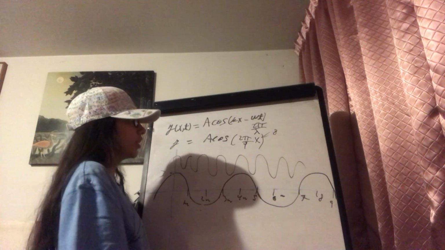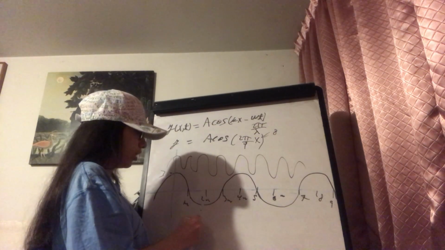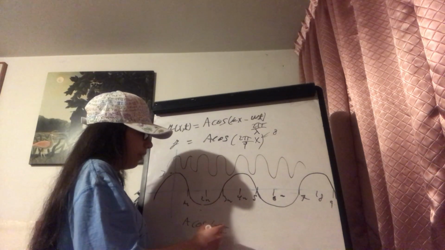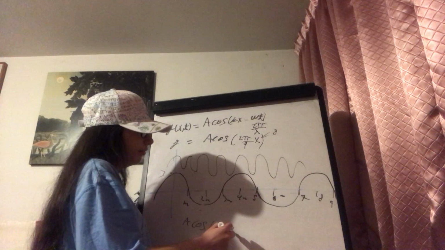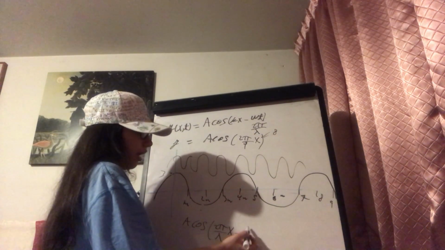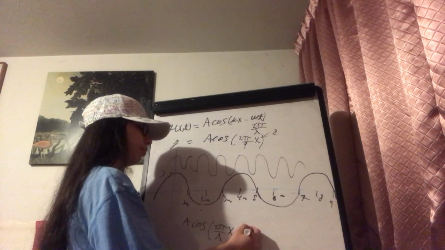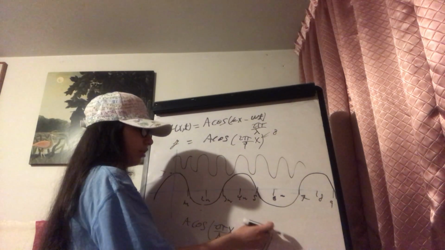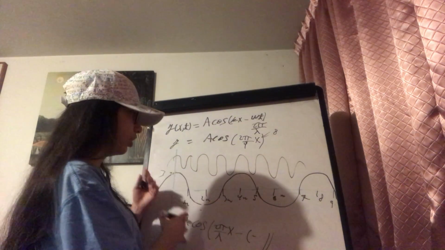So remember, when we shift something, I have a cosine of 2 pi divided by lambda x minus something. If I put a minus something, I'm shifting it to the right. If I put a plus something, I'm shifting it to the left.